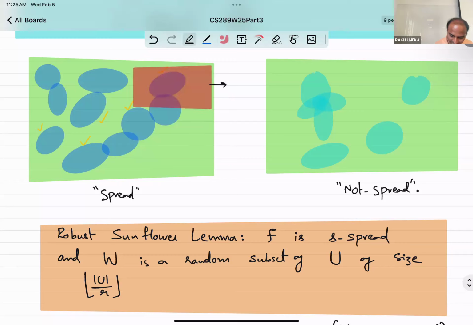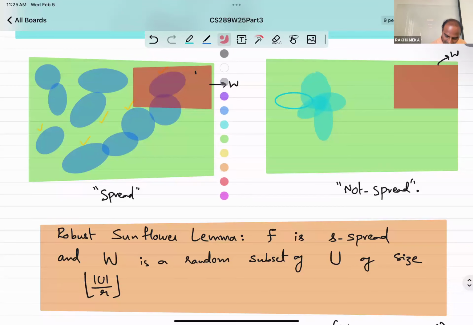This is my set W. Maybe let me draw the most extreme non-spread set, which would be something like this. All the things are really focused here. They're all clustered.